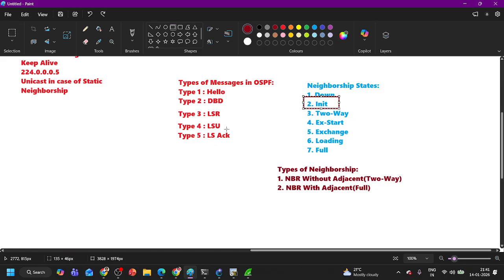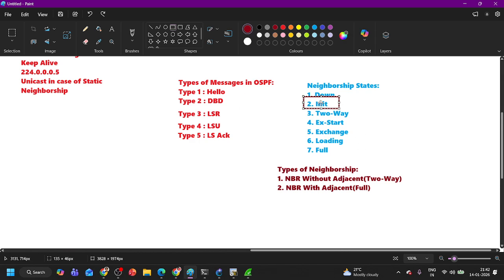It will never come. The down state means we have enabled OSPF, but the interface is down, or its line protocol is down. Earlier they were in full state, and later for some reason the interface went down. Then we can see it as down. Correct.